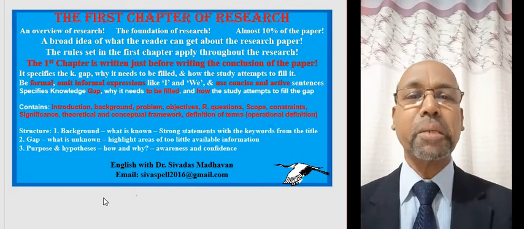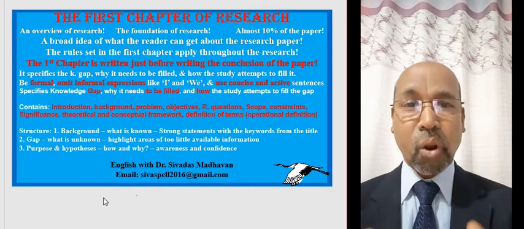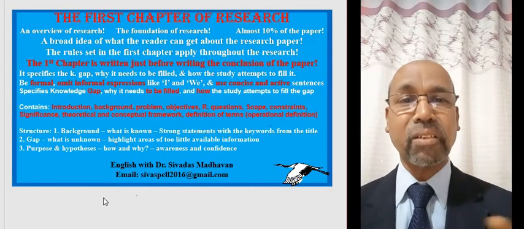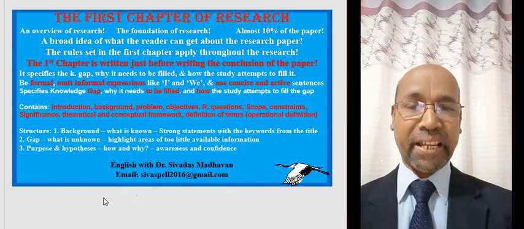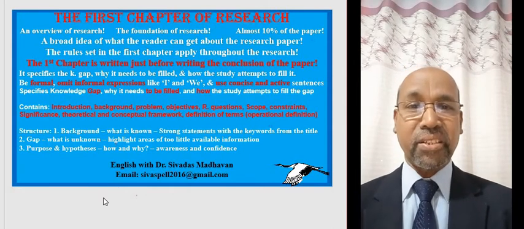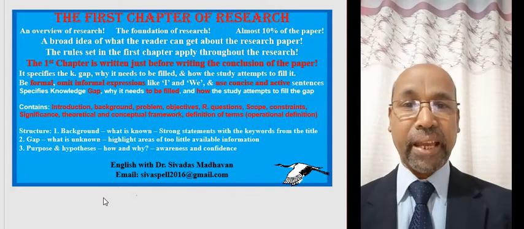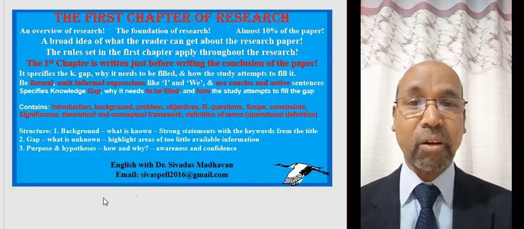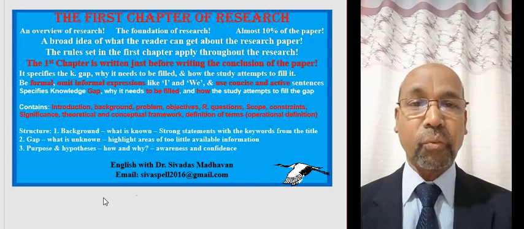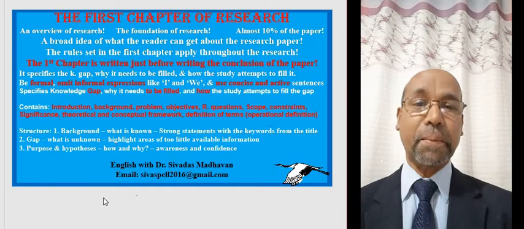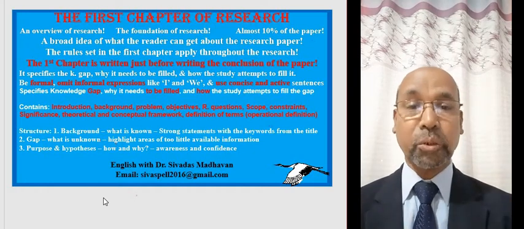In the introductory part, some strong statements, including the key words from the title of the research, will be explained to give a general introduction to the topic. And there will be a thesis statement or a thesis sentence which can be the summary of the whole research paper. So it gives the clue.